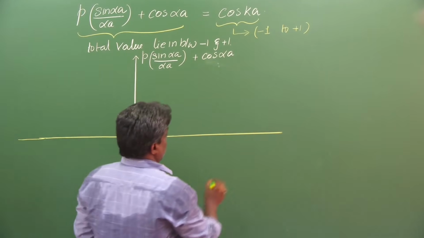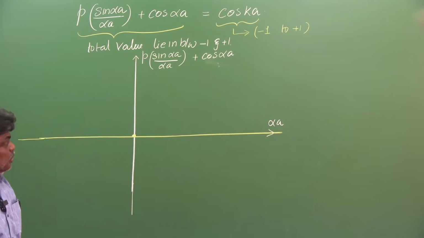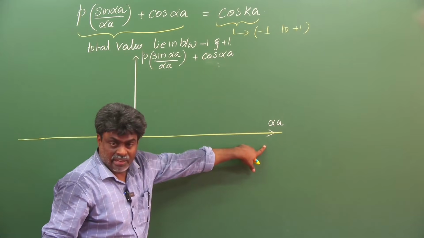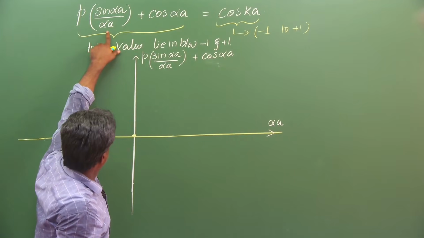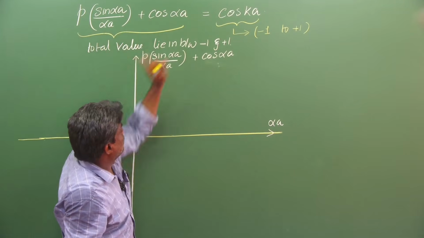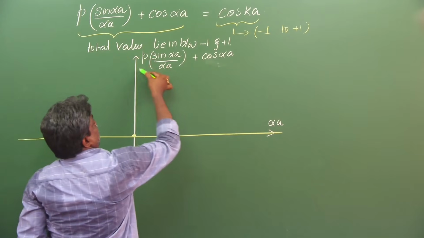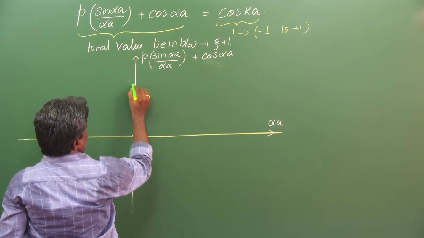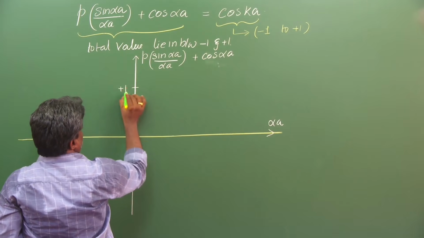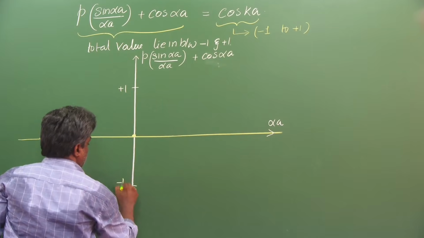Now this is my alpha A x-axis. So now I am giving the input alpha A on the x-axis and the value is P sin alpha A by alpha A plus cos alpha A. Clear? This entire value lies in between +1 and -1.